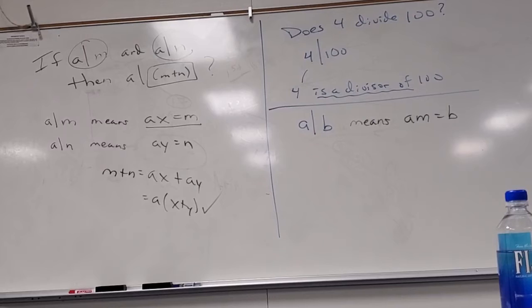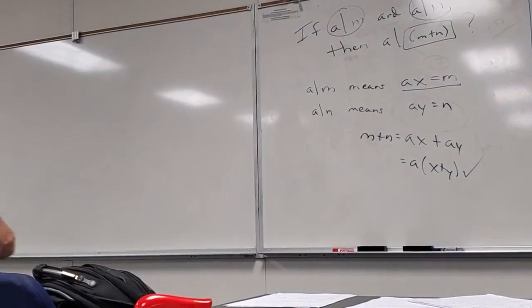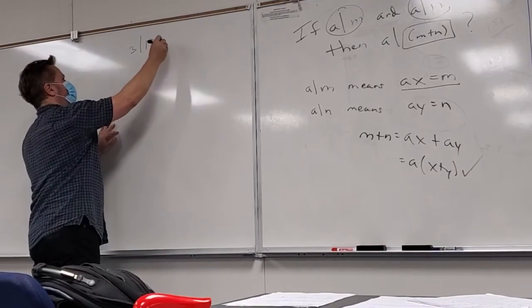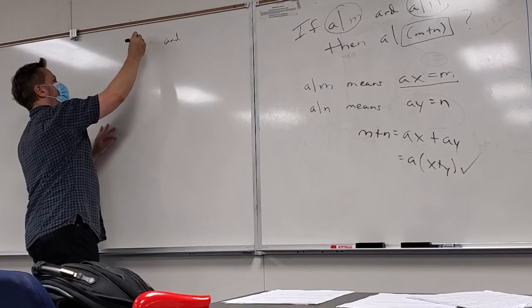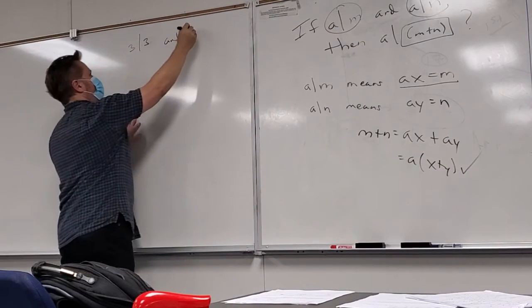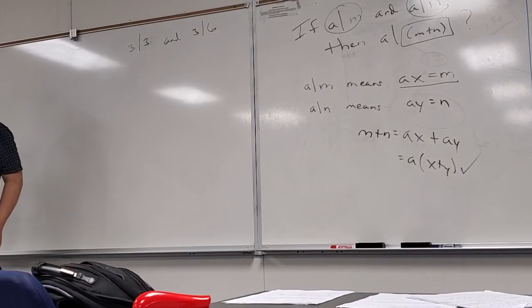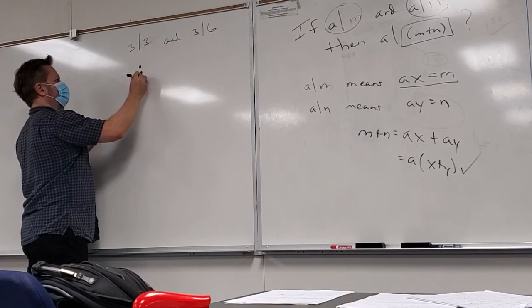Here's another way to look at it. So 3 divides 12, yes? And let's say 3 divides 3 and 3 divides 6, right? So 3 divides 3, so I can put 3 dots.